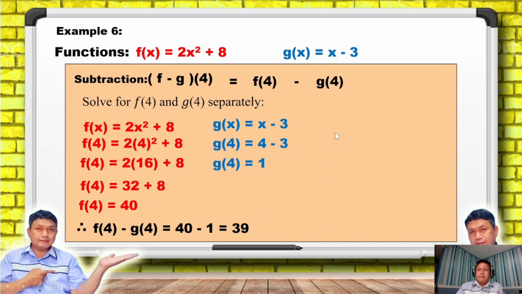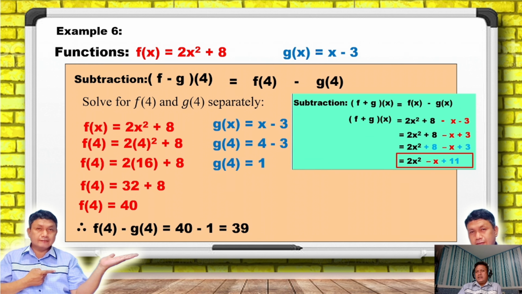Okay, halimbawa naman, ang ginawa mo ay yung kanina, yung example number 2, di ba? Ito yun. Yan. So, ginawa mo sa number 2 kanina, sinubtract natin yung dalawang function and we arrive at the answer 2x squared minus x plus 11. So, pwede naman yan. Ang gagawin lang natin, dyan mismo natin isa-substitute ang 4. So, we have 2 quantity 4 squared minus 4 plus 11.